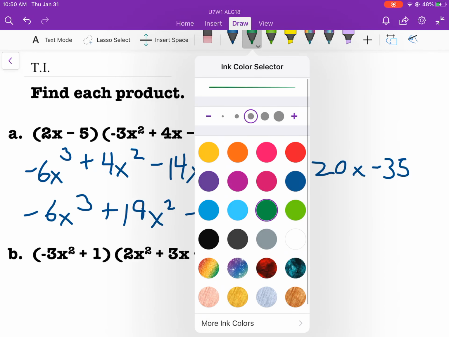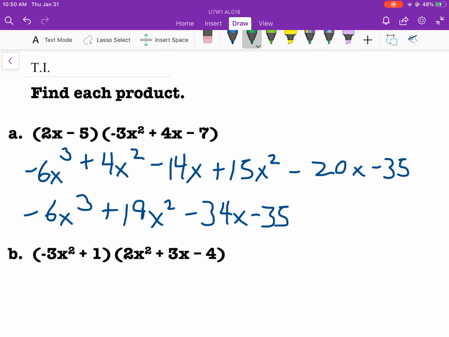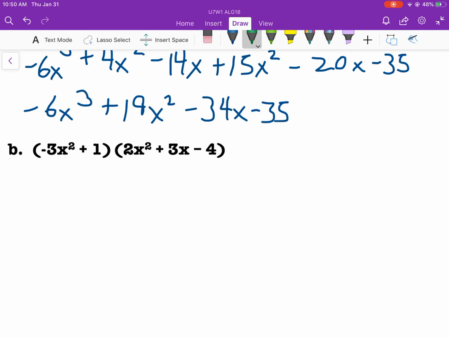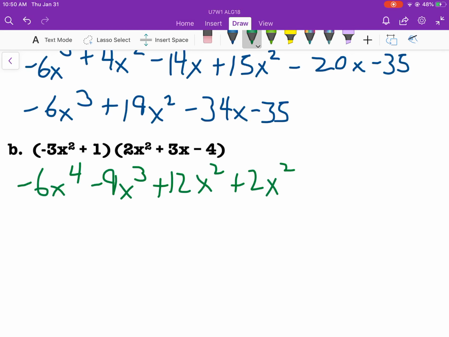Second one, let's do this for fun, for funsies. Negative 6x to the fourth, negative 9x to the third, 12x squared, second term, 2x squared, 3x, and negative 4.